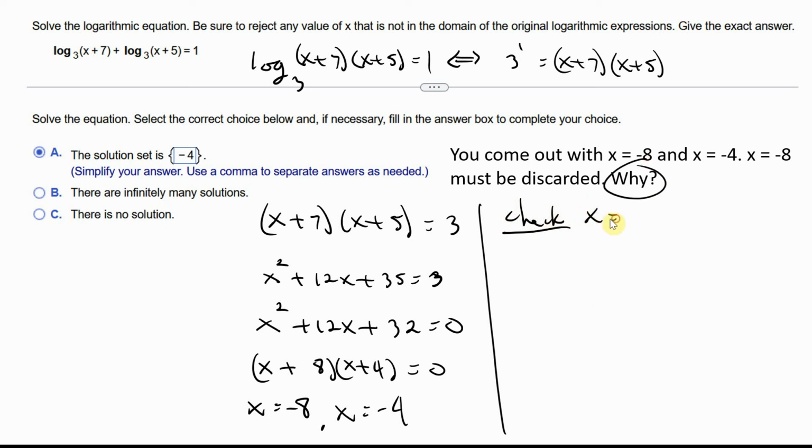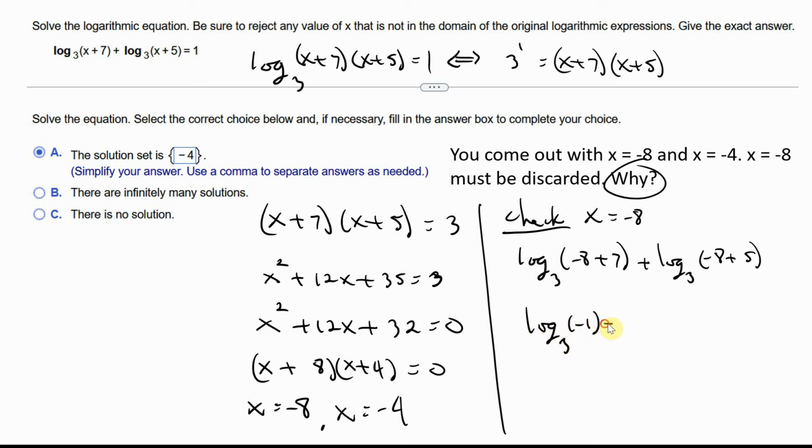Check x equal to negative 8. So I go back and plug into the original problem, log base 3 of negative 8 plus 7 plus log base 3 of negative 8 plus 5. This is log base 3 of negative 1 plus log base 3 of negative 3.